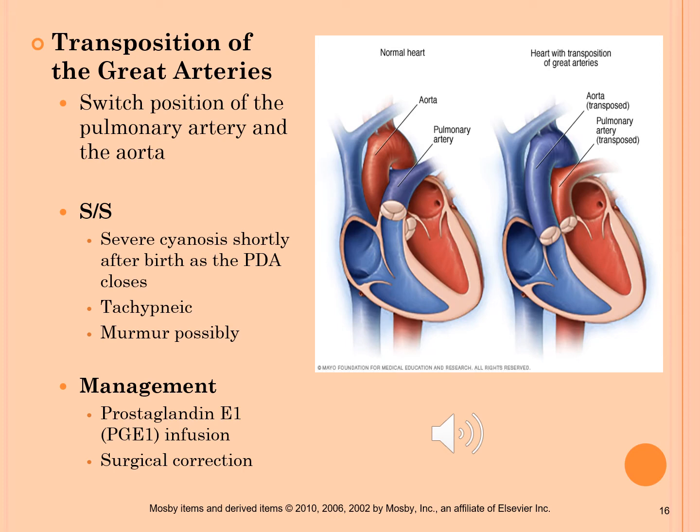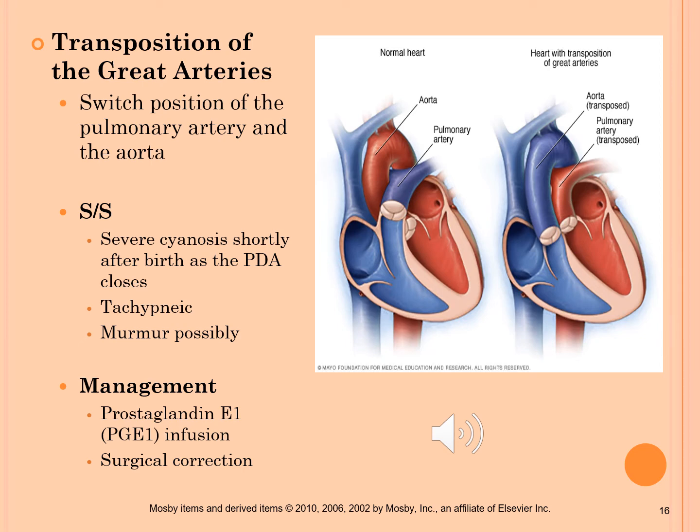When that PDA completely closes, we have two separate circulating systems. So you're going to see severe cyanosis, tachypnea, and possibly a murmur as well. We really want that PDA to remain open. By having the PDA remain open, you get mixing of oxygenated and deoxygenated blood, allowing them to survive until we can get to surgical correction.